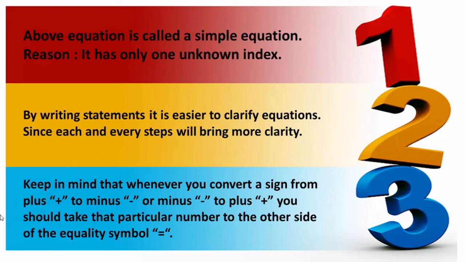So simply, he already had X amount of mangoes and he's buying another 24. When he buys another 24, he is adding 24 to that X. So it's going to be X plus 24. But if the paragraph mentions that he is selling another 24, selling means he's giving, so what he has will be reduced.